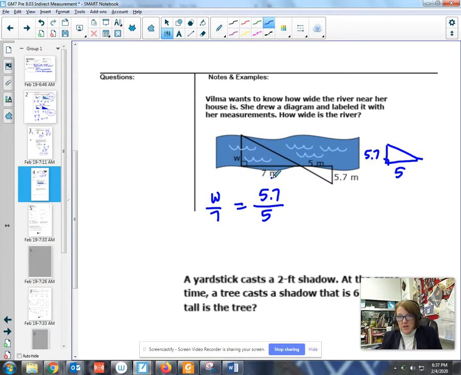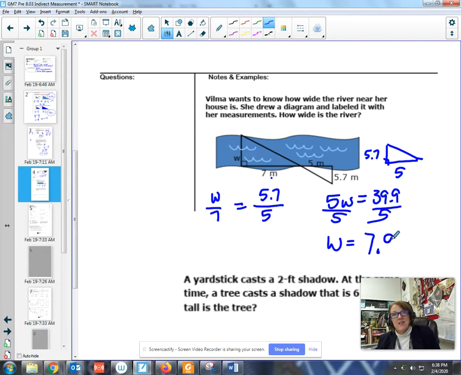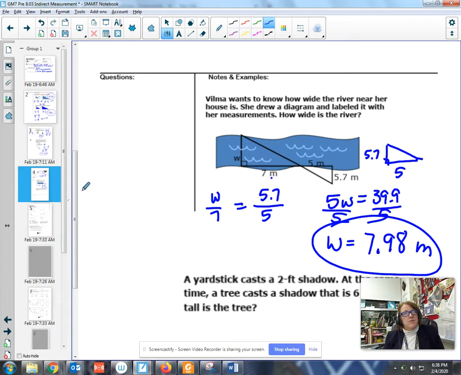And then go ahead, cross multiply and solve. I get this 5W equals, let me get my notes here, 39 9/10. Then you have to divide by 5. And you should get 7 98/100, and it's meters. Boom. That's how far it is across the river.